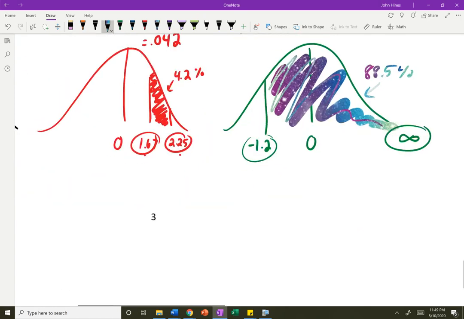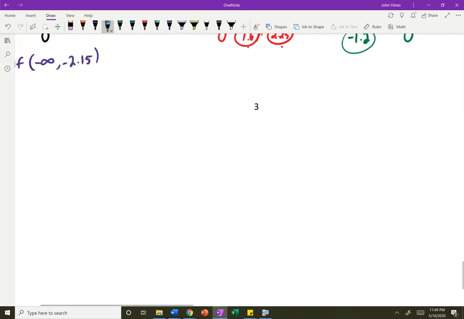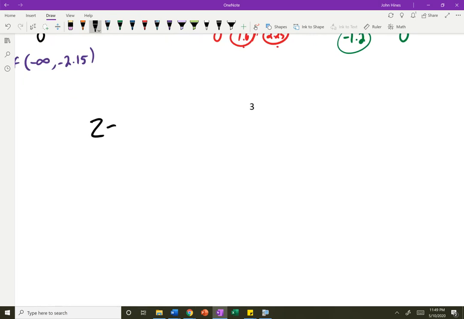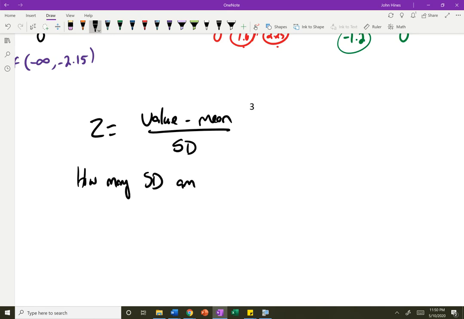Okay, so the key thing for this lesson, there's two takeaways. How do I compute a z-score? Well, it's whatever number I give you: how far away is it from the mean in terms of standard deviations?